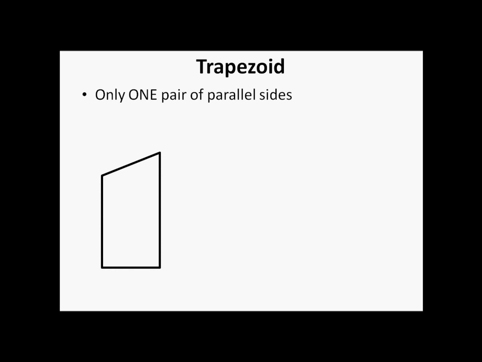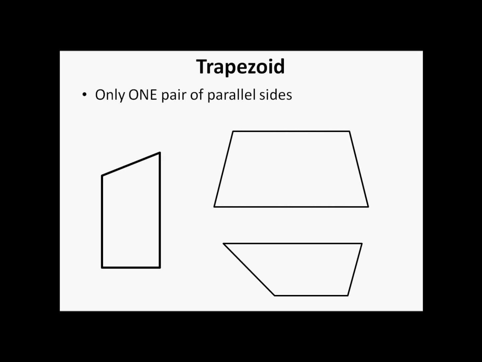Now we have trapezoids. They're quadrilaterals that have only one pair of parallel sides. Do you see the parallel sides here going up and down? Do you see the parallel sides here going on the top and bottom? Here's another trapezoid that's kind of unique.